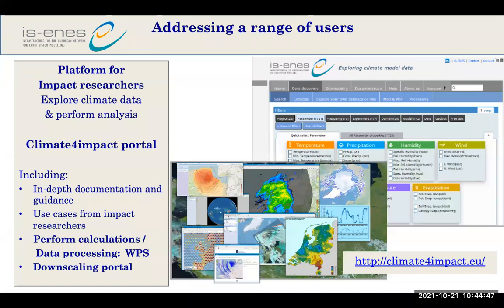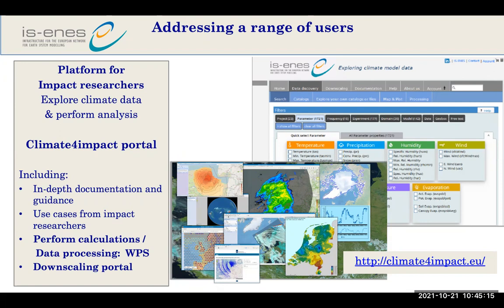One of those interfaces is a platform we have developed for impact research to explore climate data and perform analysis, which we call Climate for Impact Portal, where it is to simplify the different ways to access variables. ESGF is completely open, and you have the same names for all the models, but it's not necessarily very user-friendly.